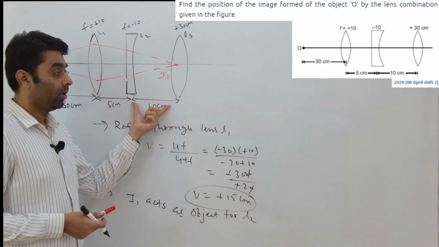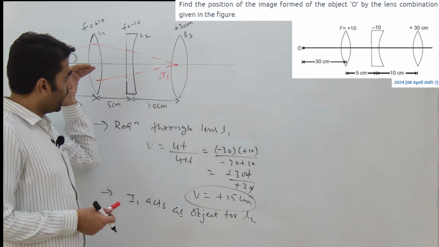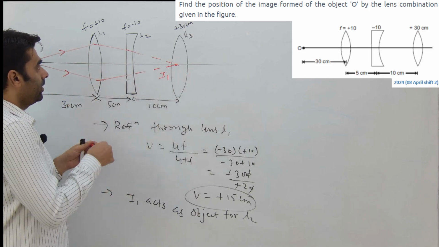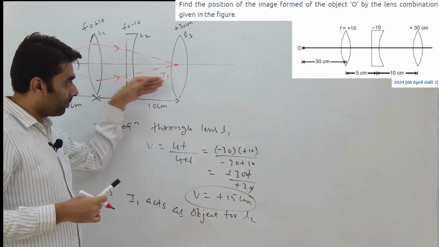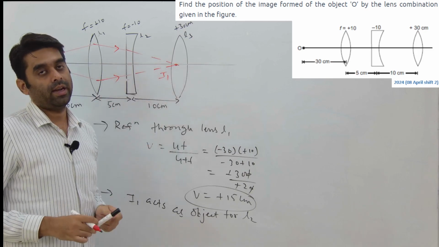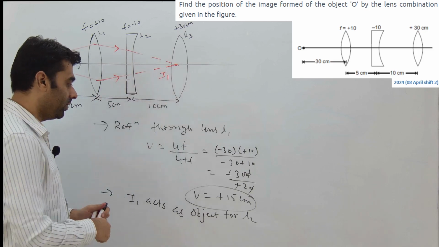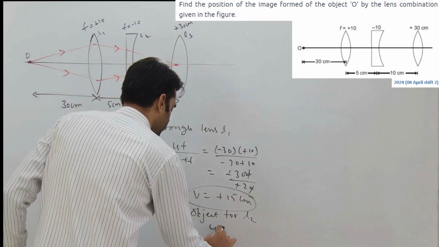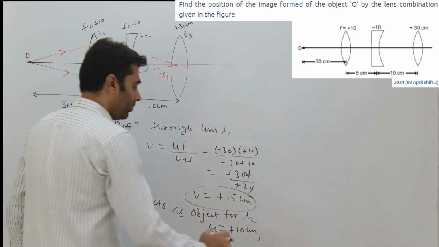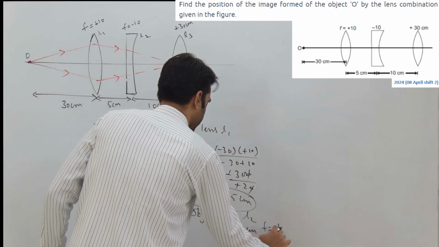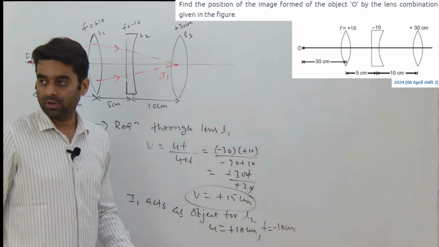Positive or negative? Positive, because this is the direction of the incident ray. These are the incident rays for the second lens, and we measure the object distance in the direction of the incident ray. So u will be positive, plus 10, and your f value is given to us as minus 10 centimeter. I hope it's visible to you.